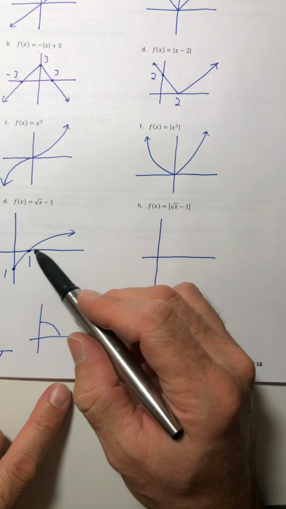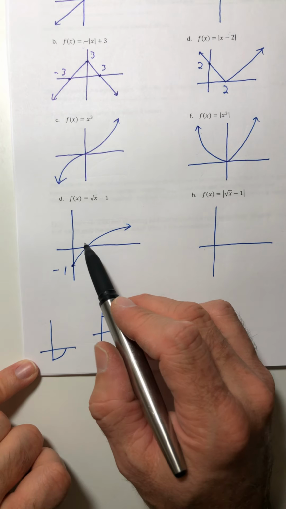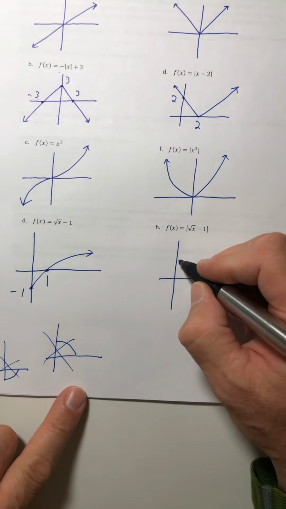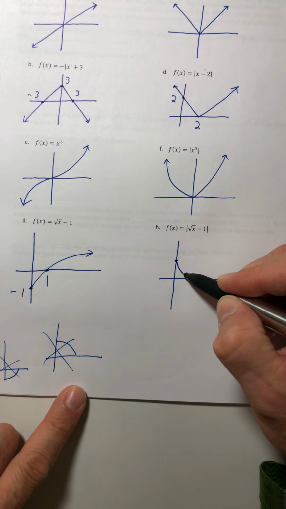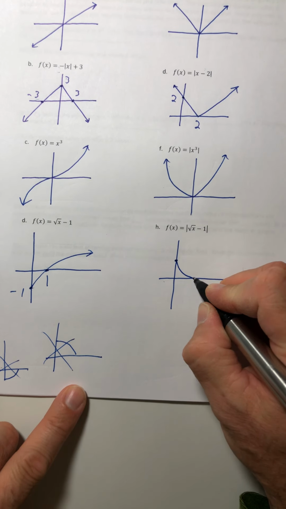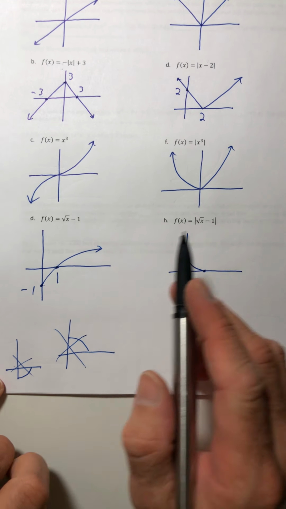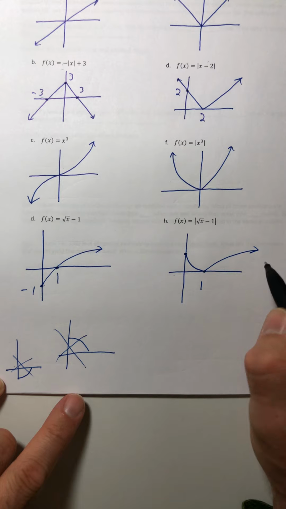It's curving the other direction. So when you flip this piece up to the top, it's curving like that. So it still hits at the 1, and then this part of the graph stays where it is. So just like that again.